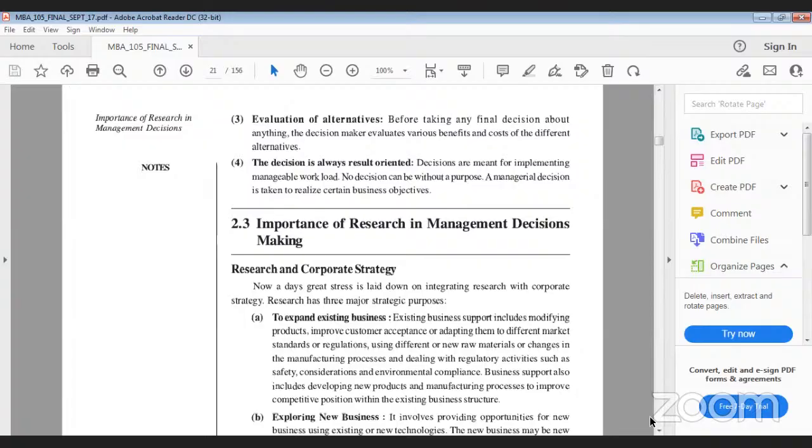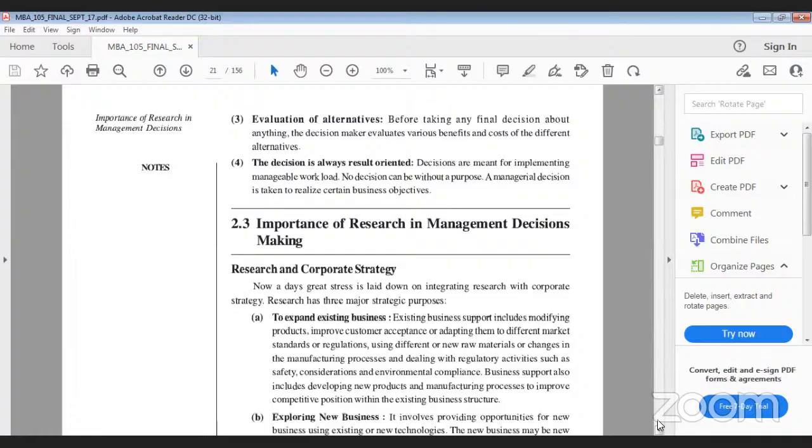Next, I take the importance of research in management decision making. Research and corporate strategy. Nowadays, great stress is laid on integrating research with corporate strategy.